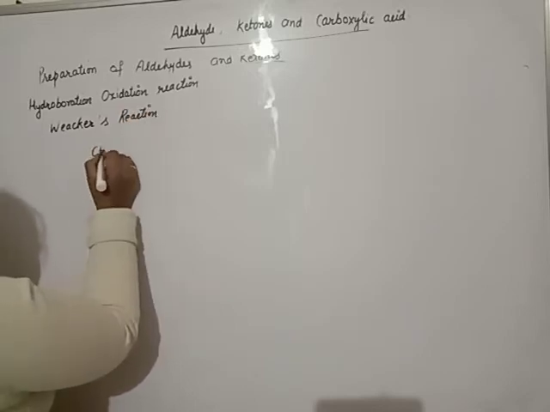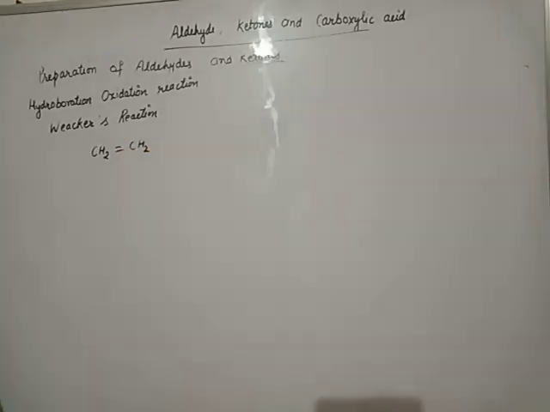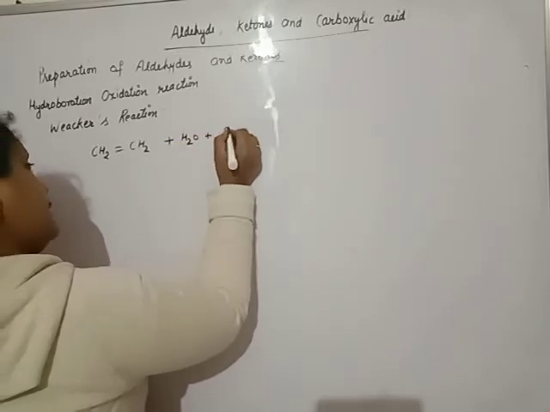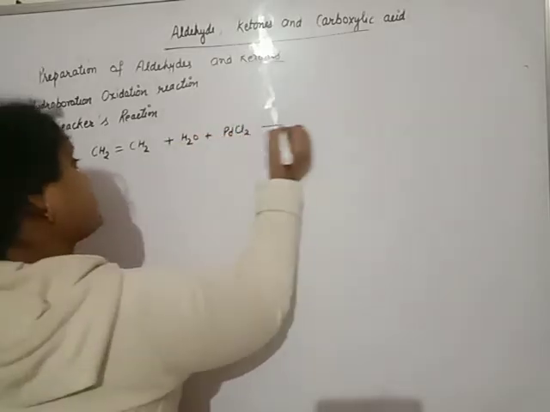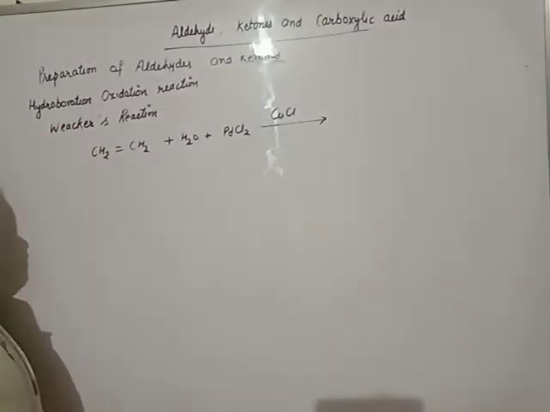Beta, it is done with alkene. The simplest alkene is ethene. When alkene is treated with water in palladium chloride in presence of CuCl, what will happen?